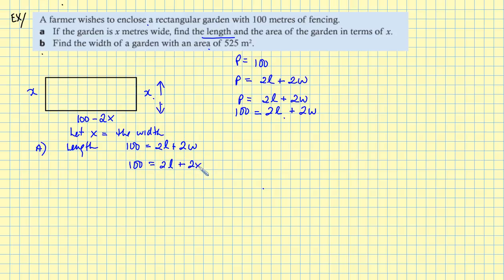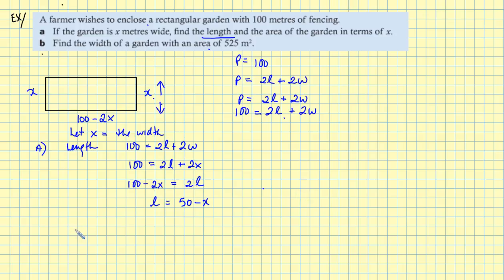Because I want to isolate for the length, because I'm looking for L at this point, I will have 100 minus 2x is equal to 2 times the length, which tells me that if I divide everything by 2, the length is equal to 50 minus x. So that would be my length right there.